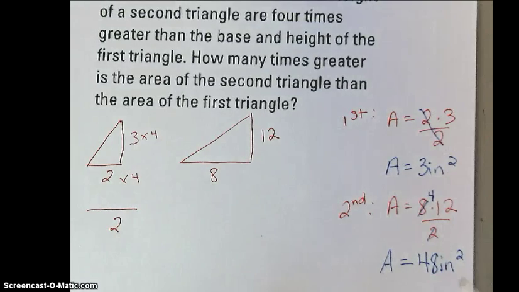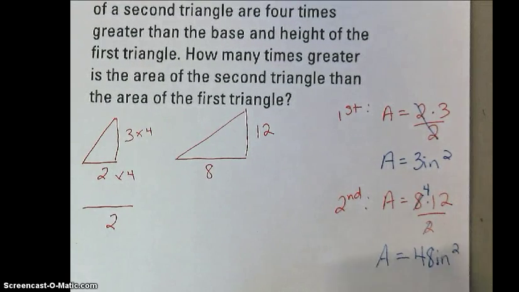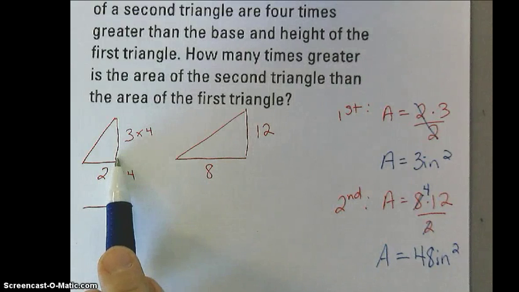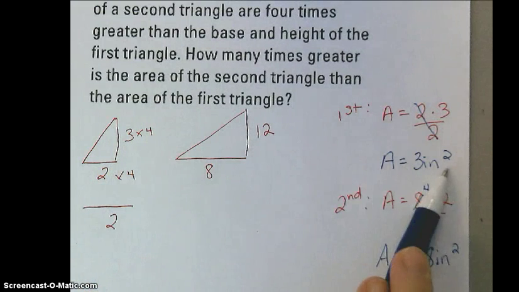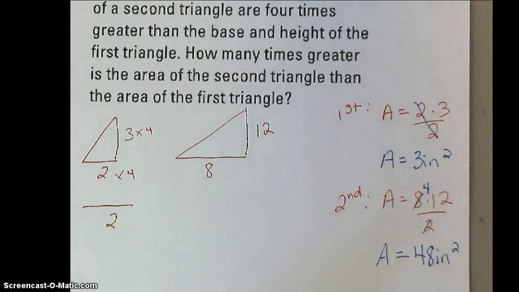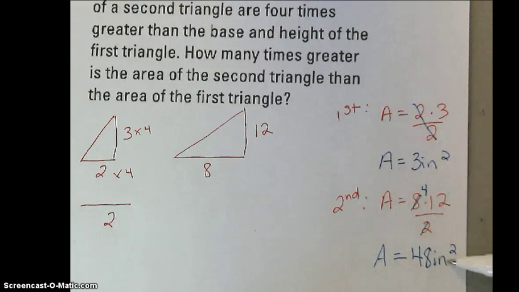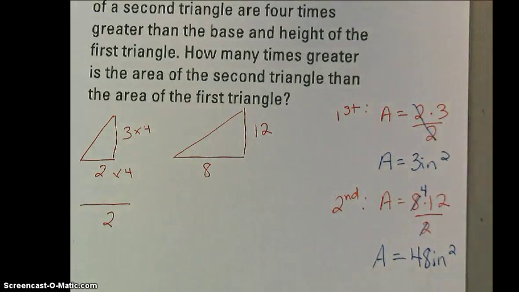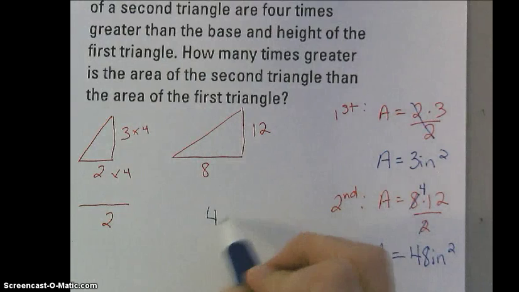Okay, now I'm looking at my 2 areas. My smaller triangle has an area of 3 inches squared. The larger triangle has an area of 48 inches squared. Well, you could think in your head, what times 3 will get me to 48? Or you can simply write it as a ratio to see how many times larger it is.